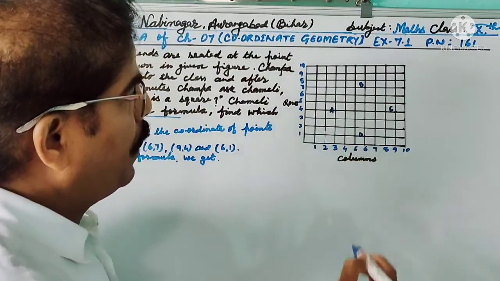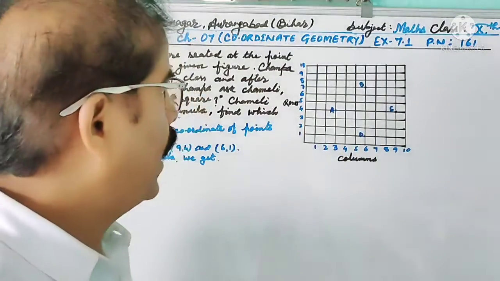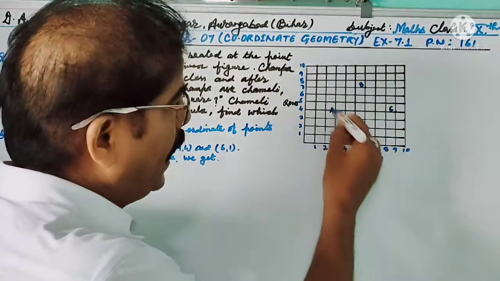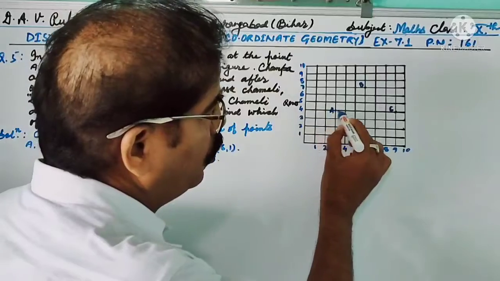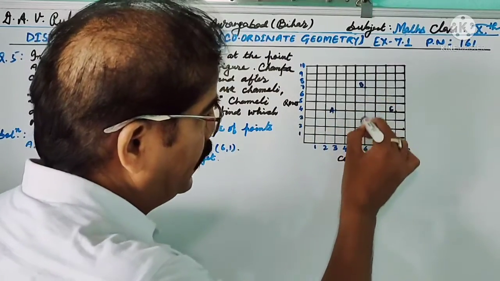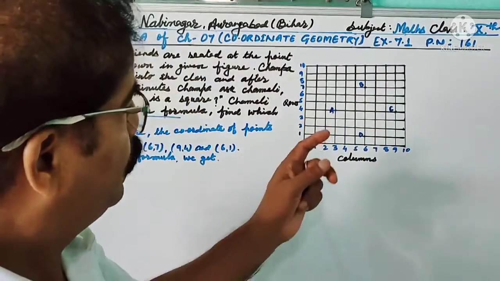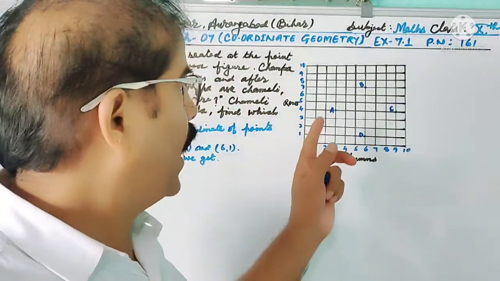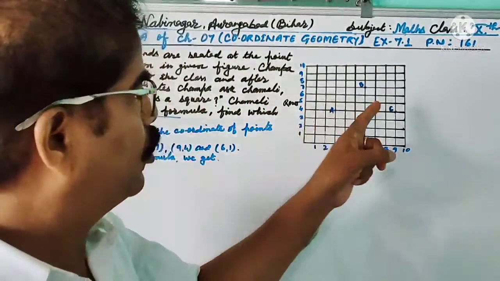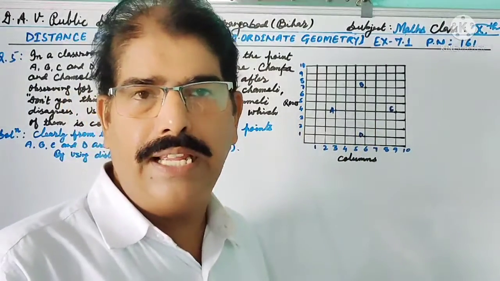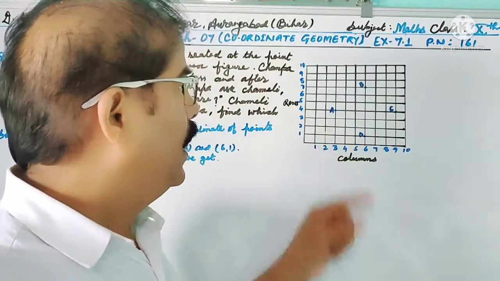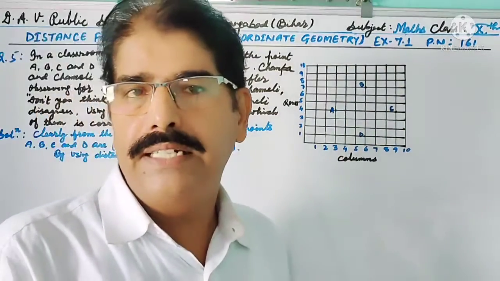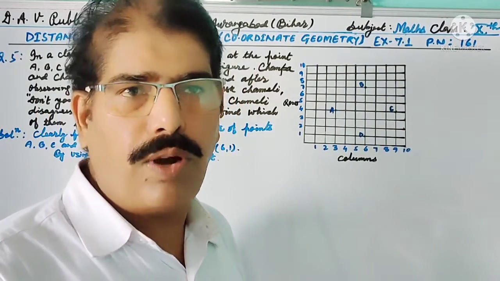So first you find, using the distance formula, AB, BC, CD and DA, and also the diagonals AC and BD. We know that in a square all sides are equal. If AB equals BC equals CD equals DA, and also the diagonals AC equal BD, then we say that ABCD is a square.